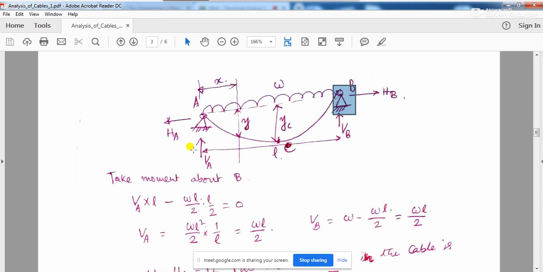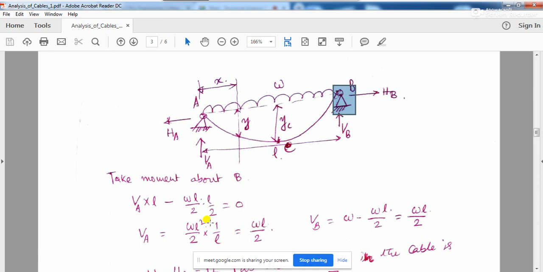What will be your VA and what will be your VB? Totally it is W. So the total load coming on this cable is W into L, and on both supports there will be WL by 2.